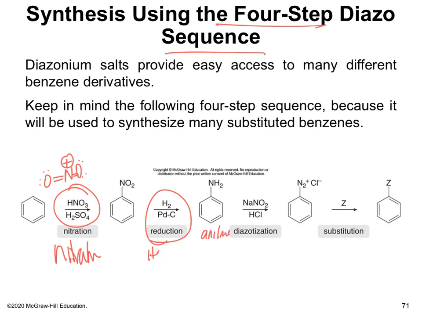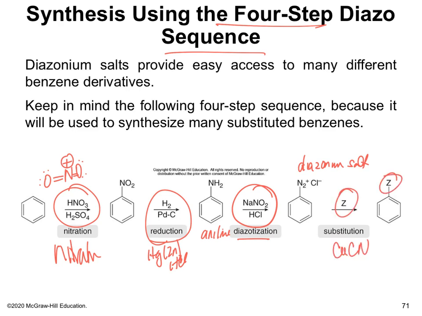I think we also did mercury and zinc, HCl, to reduce the nitro. So this reduces it to the aniline, and then we react it with sodium nitrite and HCl, which makes your diazonium salt, and then whatever you want to substitute it with. Copper cyanide would make a nitrile there, copper chloride, we put a chloride, copper bromide. So you have 6 or 7 different ones.